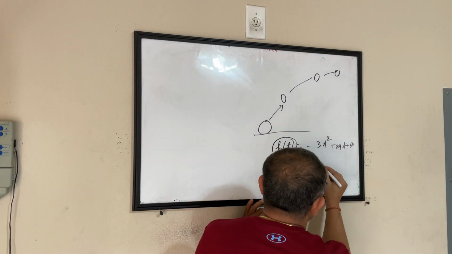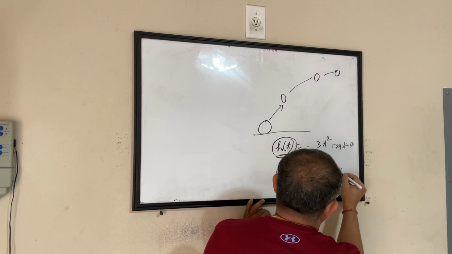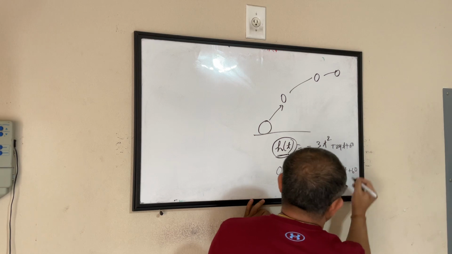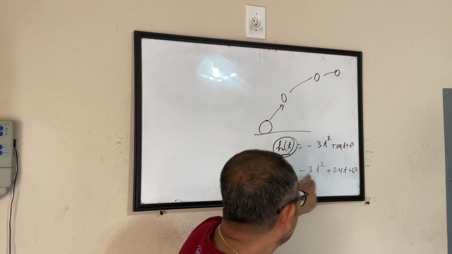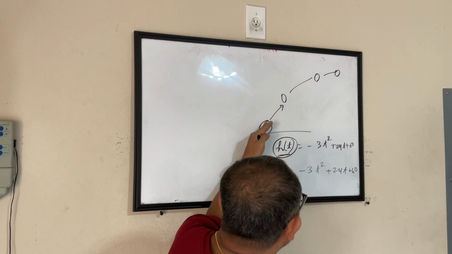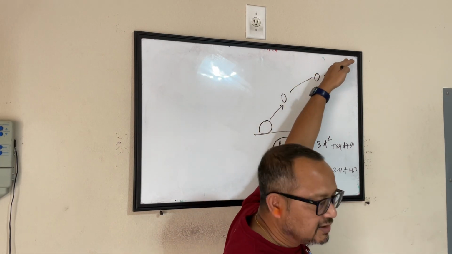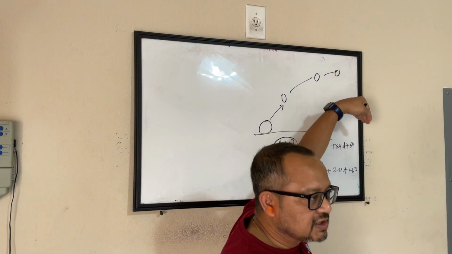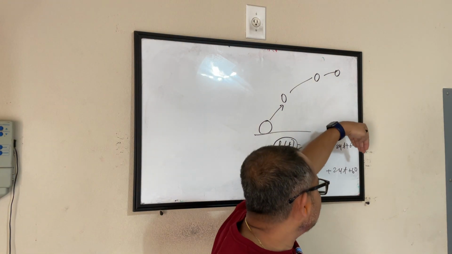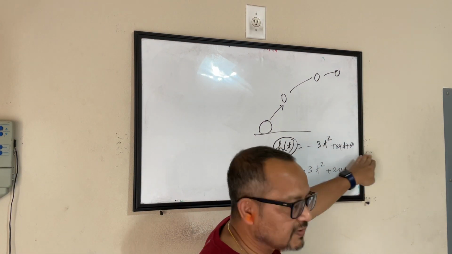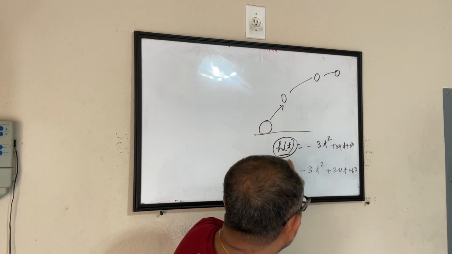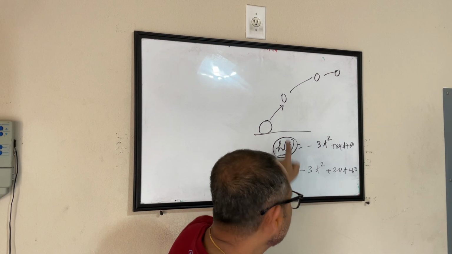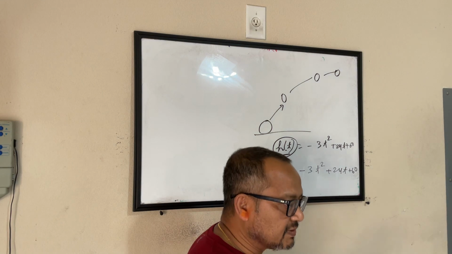So this minus 3t square plus 24t plus 60, this whole value becomes 0 after a certain minute, meaning the helicopter goes up and maybe because of the fuel or because the pilot got tired, it touches down, again following this formula. So we have to find out the time when the height becomes 0, meaning it touches the ground. That's the objective.